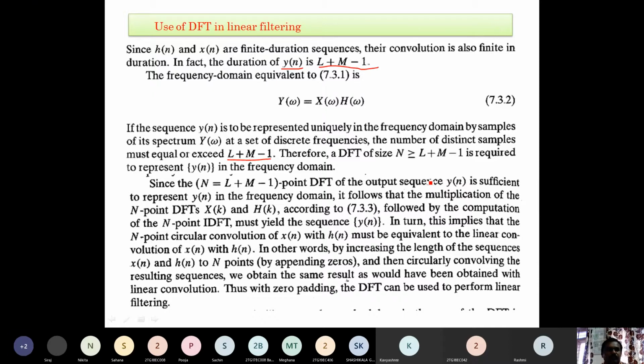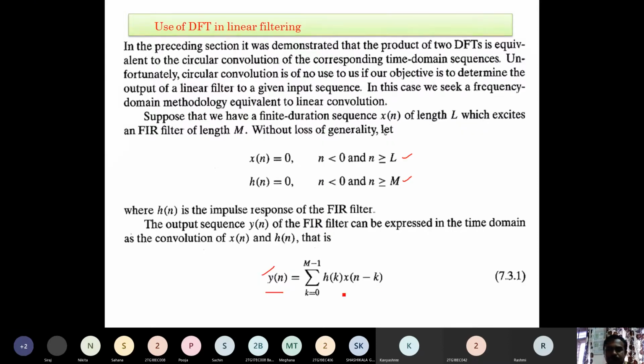Whether in the time domain or the frequency domain, if you perform it in the time domain, y of n is the convolution of x and h.